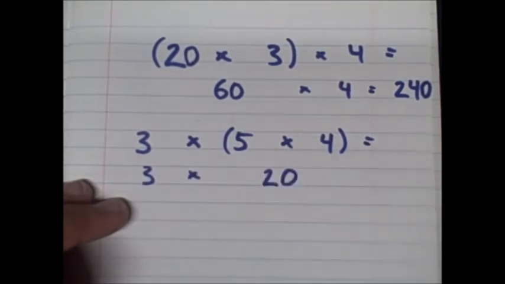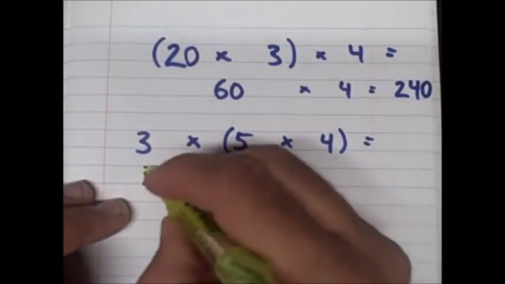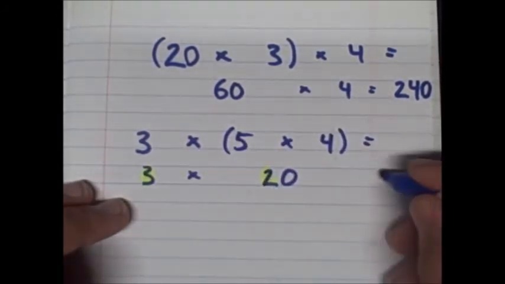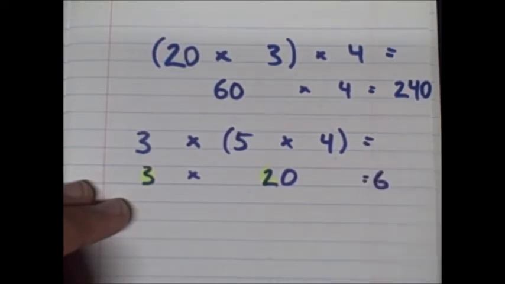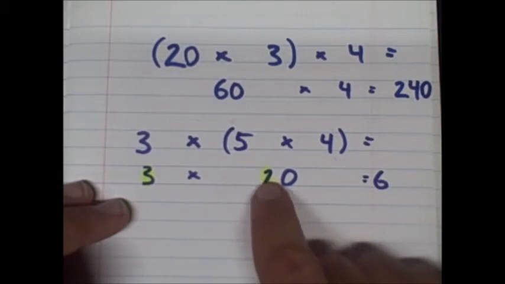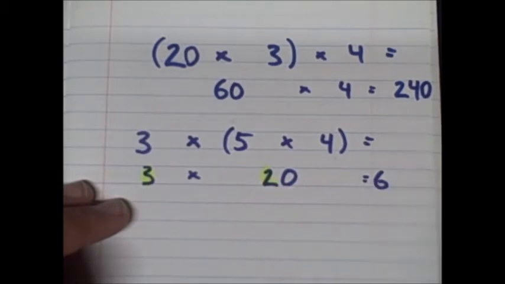And then 3 times 20, well, we could go to our highlighter, because we know the basic fact is 3 times 2 equals 6. But it's 3 times 20, or 3 groups of 20, which of course would be 60.